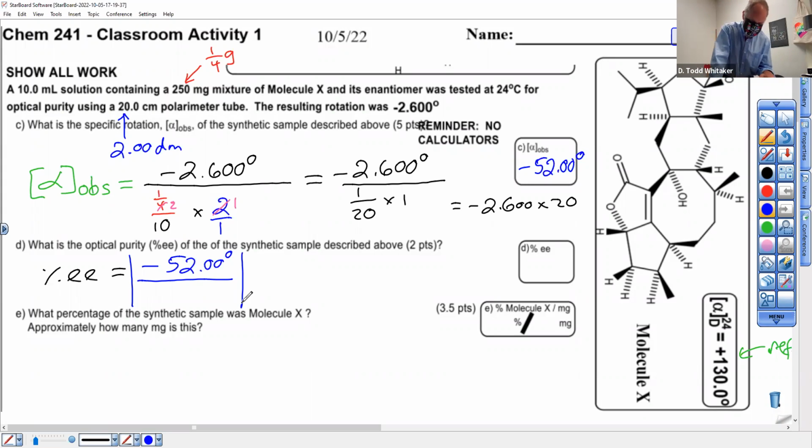So negative 52 over what it would have been if the stuff was pure, which is 130. And I want to make it that. And this morning we figured out that these don't look like nice numbers. Then again, I wasn't thinking about this.